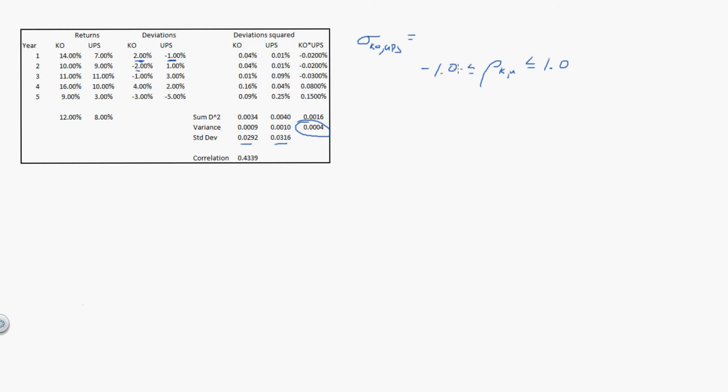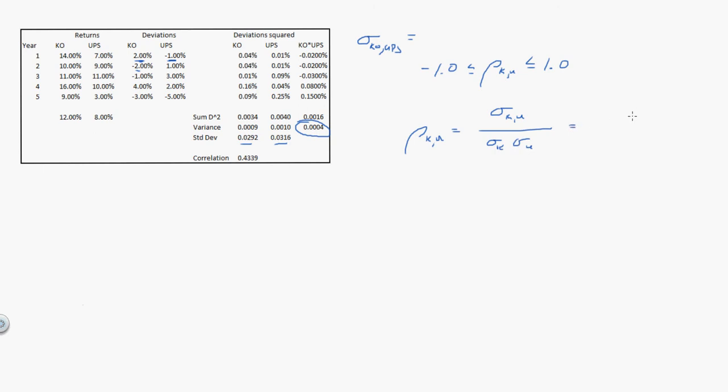If one does something, the other does the opposite. 0 means that there's no information. You tell me what Coke did, I have no idea what UPS did. So the way I come up with that measure, I define the correlation of Coke and UPS, or any two assets, as the covariance of the two assets, Coke and UPS, divided by their two standard deviations.